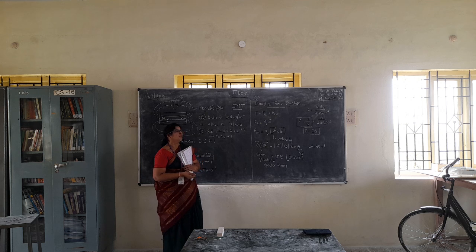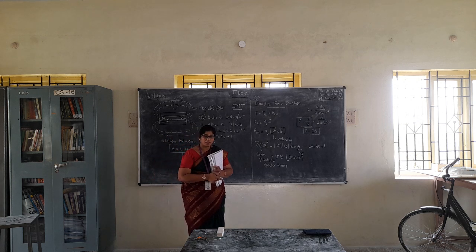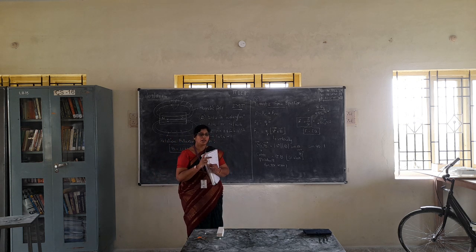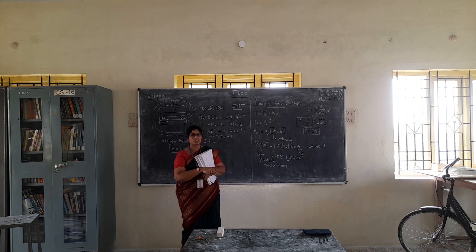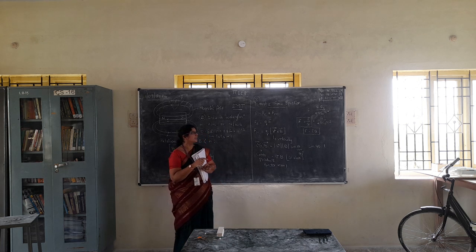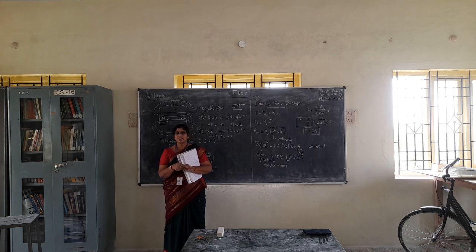Okay, so Lorentz force equation means it will be combining your electric force as well as magnetic force. The difference between electric and magnetic forces: in electric force you will be considering only scalar quantity, not the direction. Only magnitude will be considered. In magnetic field, it will be considering both direction and magnitude.